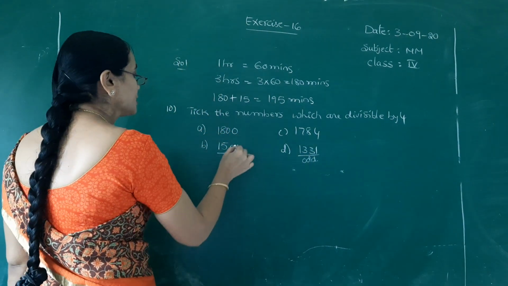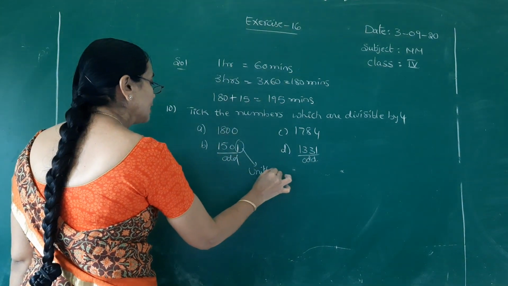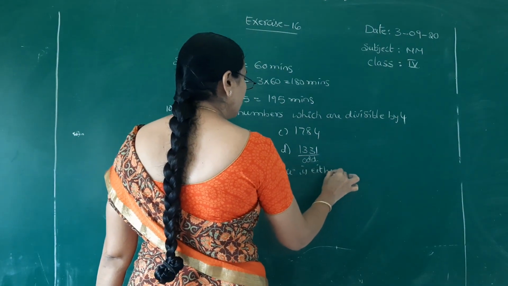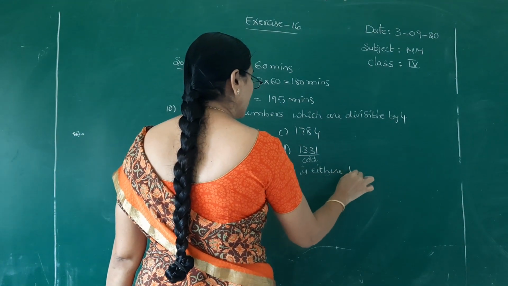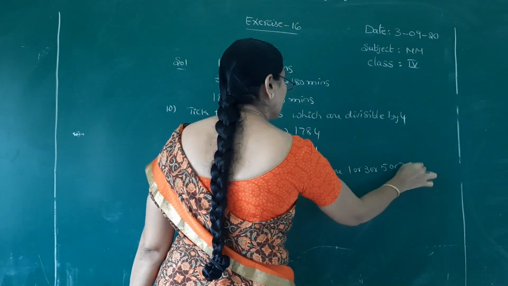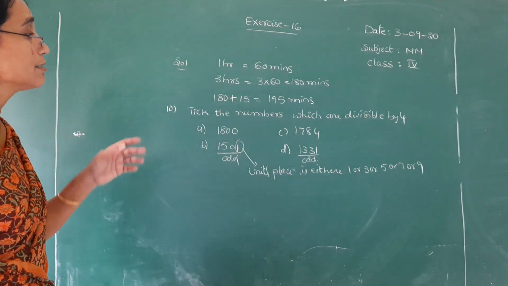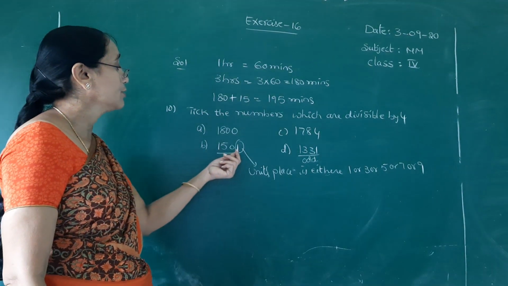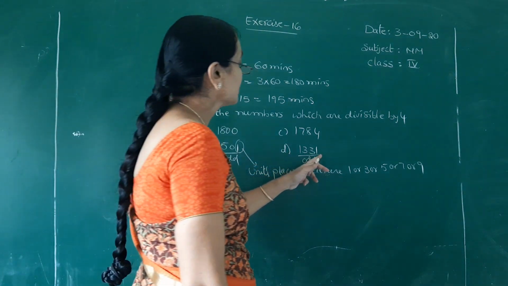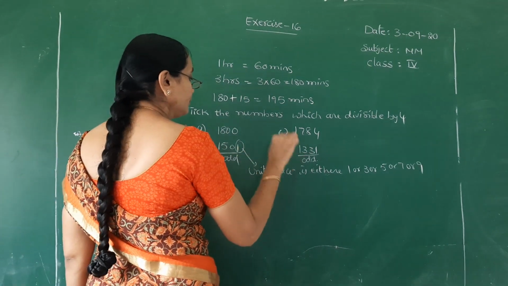Odd numbers mean the units place is either 1 or 3 or 5 or 7 or 9. If any of these digits is in the units place, then it is odd. Here 1501, its units place is 1, so it is odd. Here also the units place is 1, so it is odd. It won't divide by 4.